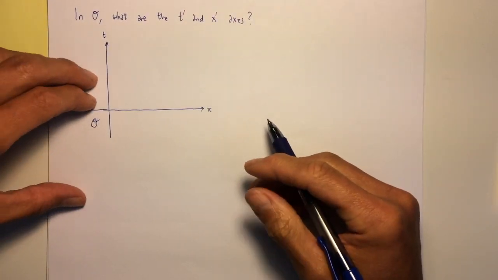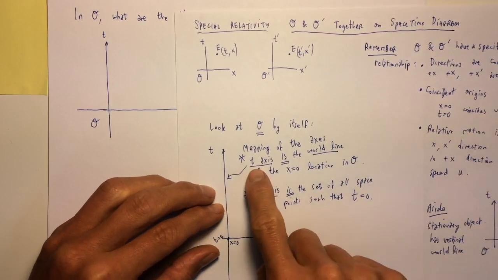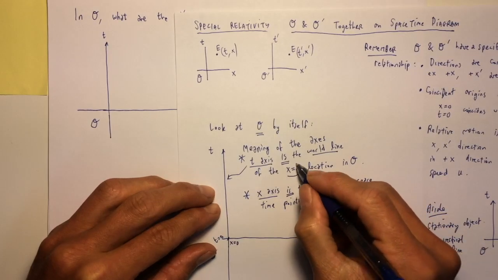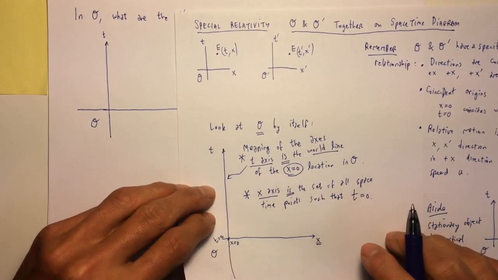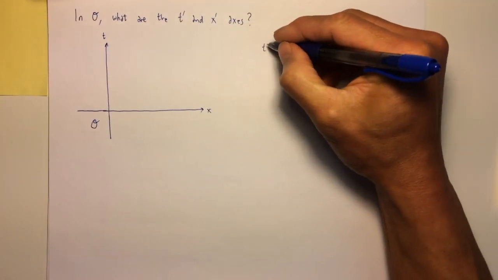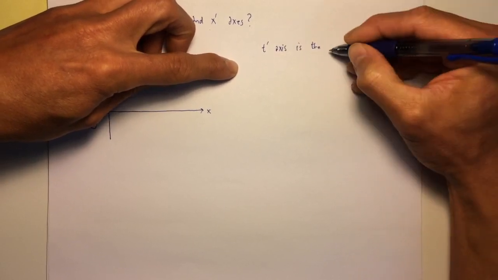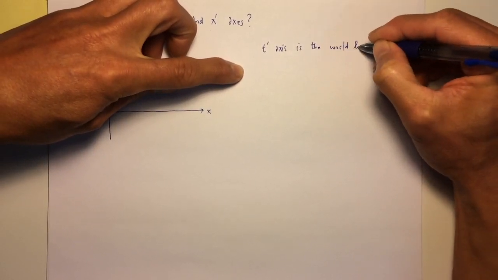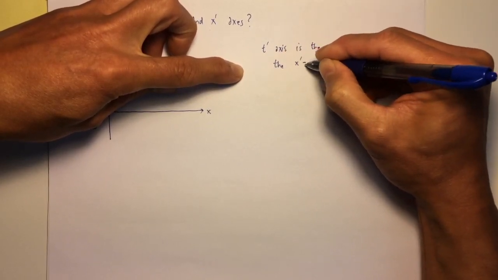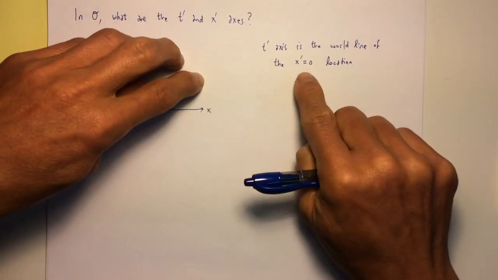All right. And so remember that the t-axis is the world line of the x equals to 0 location in O. So I'm going to translate this statement here and say that the t prime axis is the world line of the x prime equals to 0 location, right?